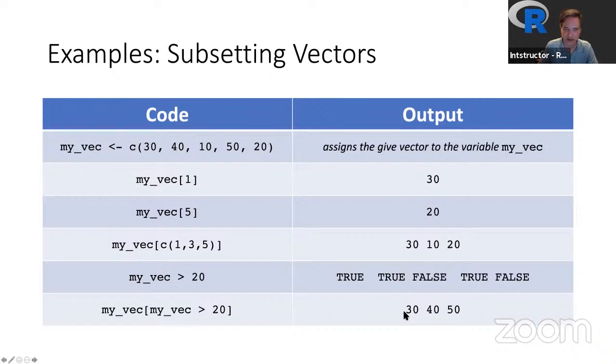A little complex there. We had to use this conditional expression in order to generate this list of true and false values, and then these true and false values are used to extract the things where the answer is true, essentially giving us the elements in our vector that are greater than 20. This is definitely more complex syntax, but if you break it down piece by piece, hopefully it makes sense what it's doing.